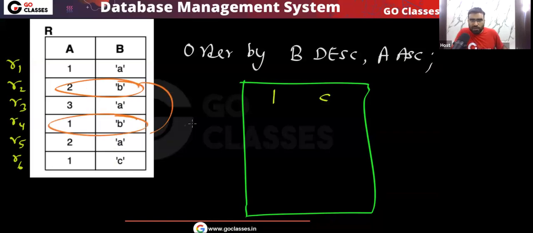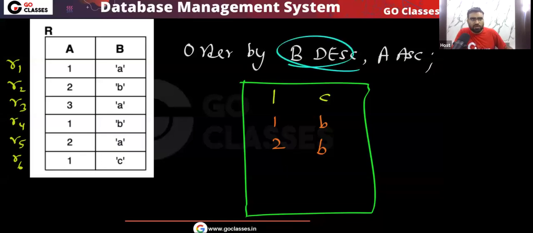When the B value is the same, then A ascending. So it will be 1B, 2B. After that, these tuples will come.